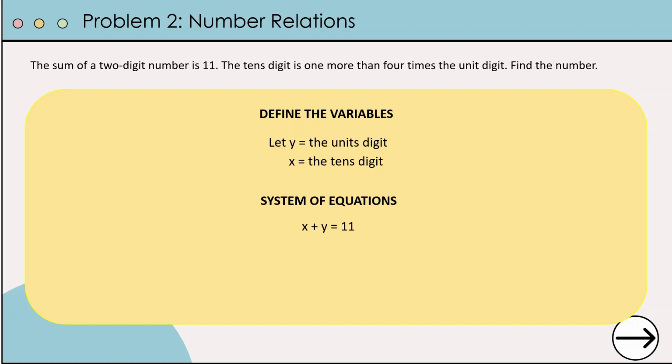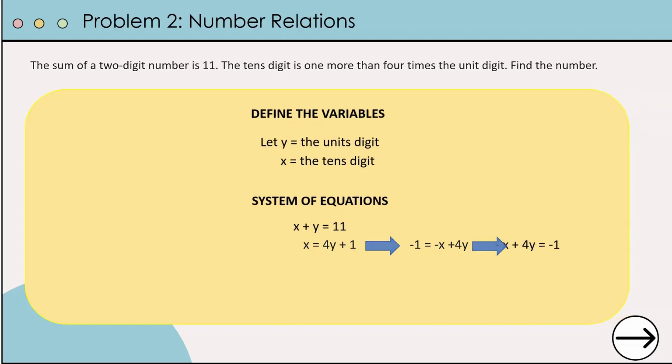On the second part of our problem, it says the tens digit is 1 more than 4 times the units digit. We can generate the equation x equals 4y plus 1. Now this equation, we can transform into an ax plus by equals c form. Therefore, we get negative x plus 4y equals negative 1.